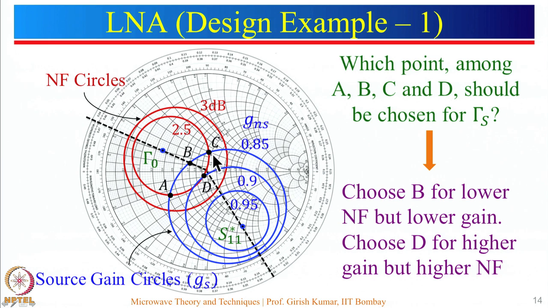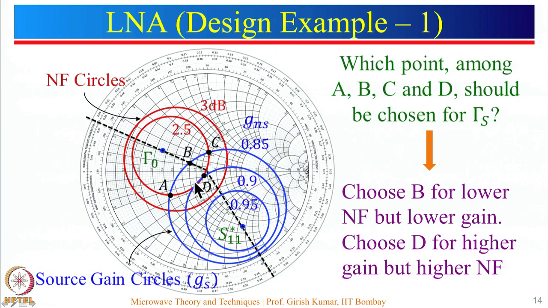Now, if we choose point A and C, the noise figure will be about 2.5 dB. But if we choose point B, you can see this point B is closer to the gamma 0 point. That means the noise figure here will be lower than the noise figure corresponding to point C and point A. So, please do not choose point A and C, you can choose point B. Point B should be chosen for lower noise figure, but that will have a lower gain also.